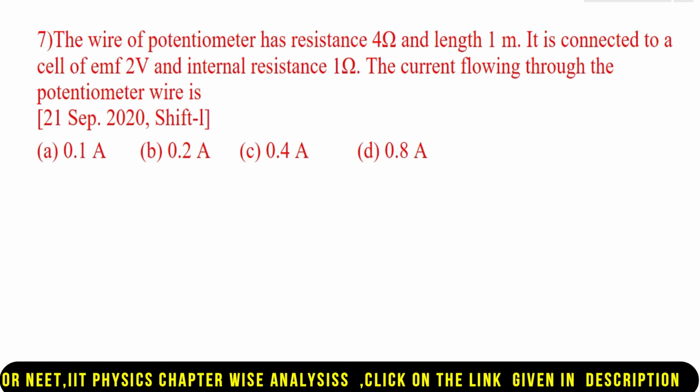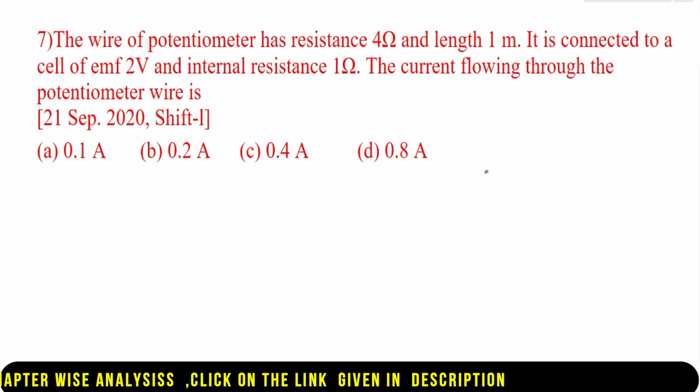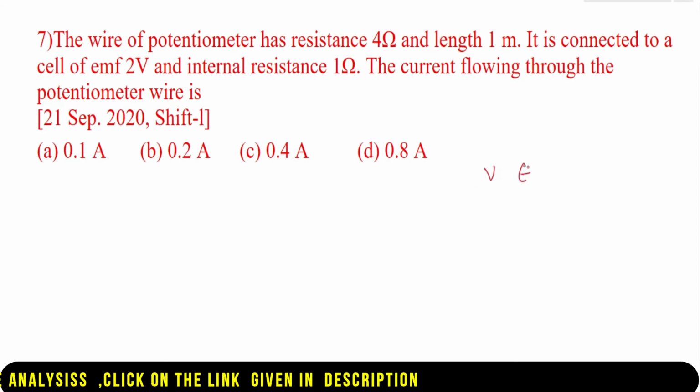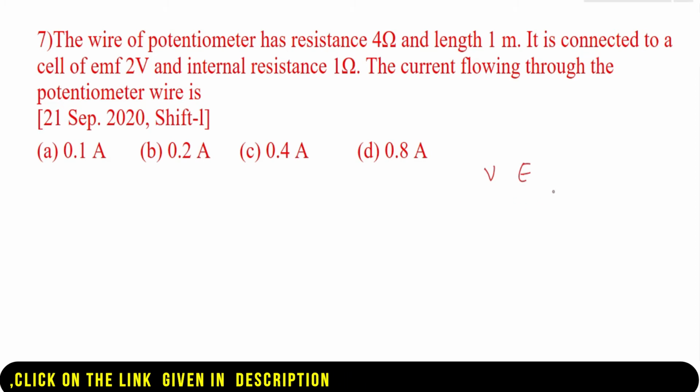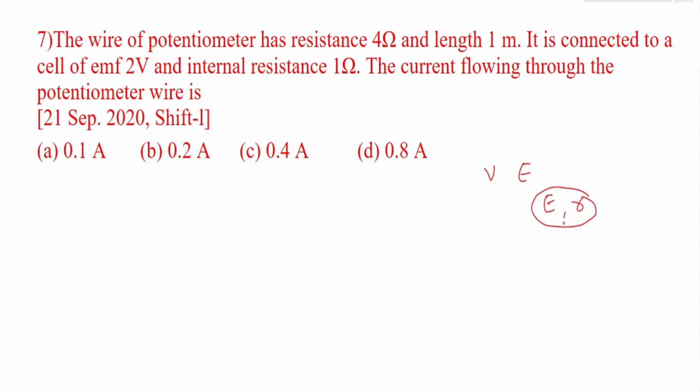Now before solving this sum, you should know the difference between terminal potential V and EMF. If I consider a cell of EMF E and internal resistance R, and I connect this cell in the circuit, and if this cell discharges, then this cell will give a potential V in the circuit, which is related to EMF and internal resistance as V is equal to E minus IR.